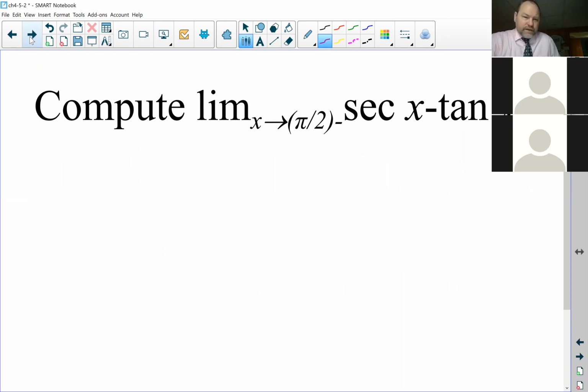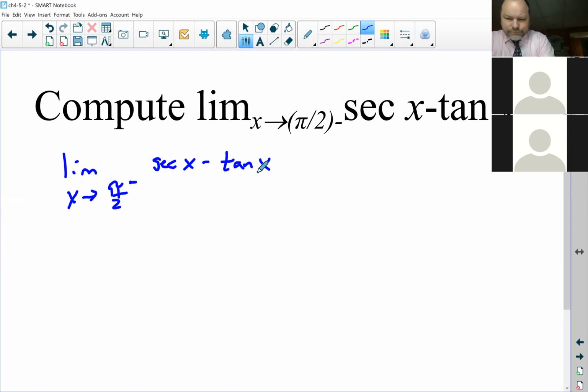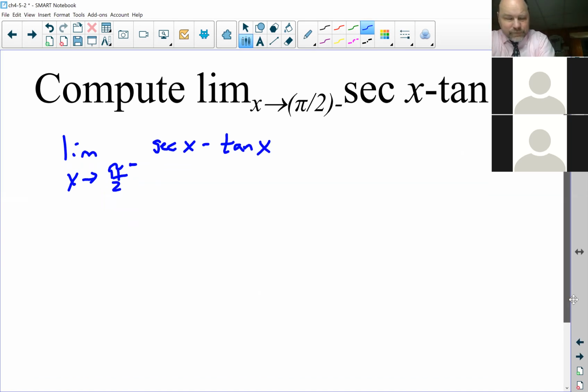So in this case, if we take a look at the limit as x approaches pi over 2 from the left of secant x minus tangent x, well, secant is 1 over cosine.